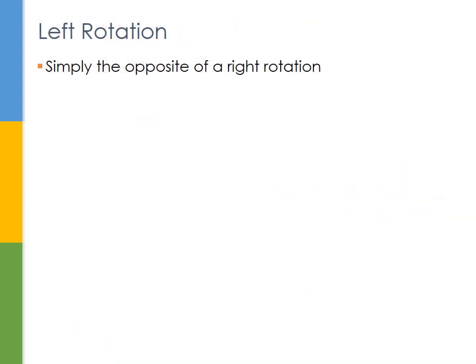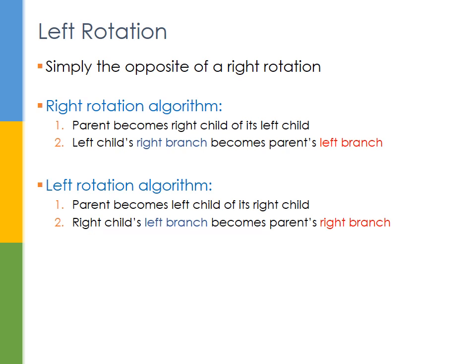Now that we've looked at right rotations, we can consider left rotations. And a left rotation is simply the opposite of a right rotation, which we've already discussed. So we saw that with a right rotation, the parent becomes the right child of its left child.